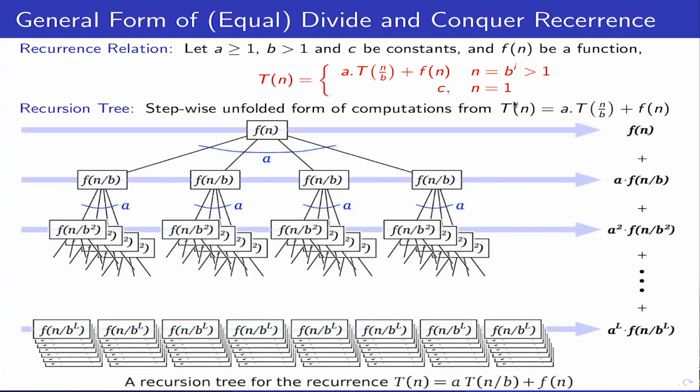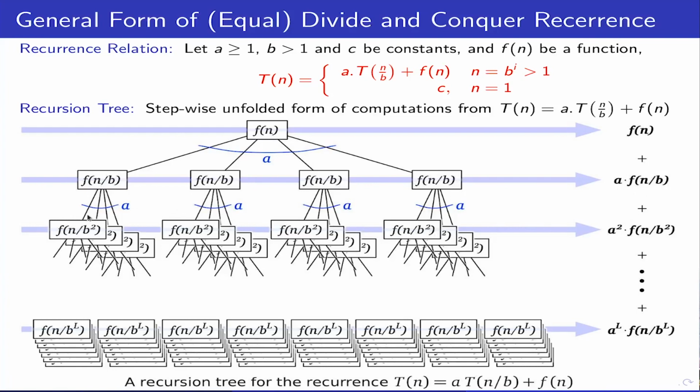So pictorially, if you go stepwise, what you are doing is that from f(n) you are giving rise to a number of instances, each having size n by b. So see how the number of computations, or the value of T(n), finally gets changed. Initially it was f(n) plus all the f's returned by the set of instances you created first. It is a number of f(n by b).